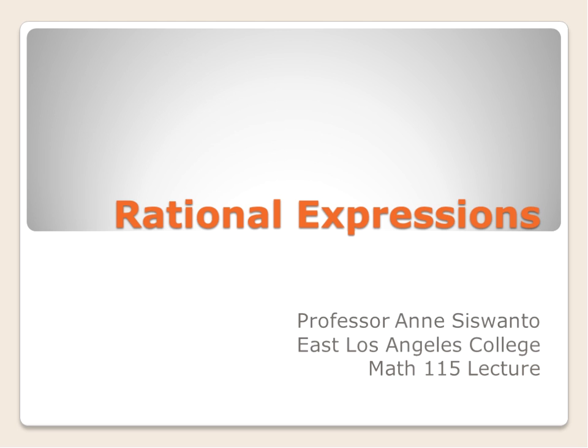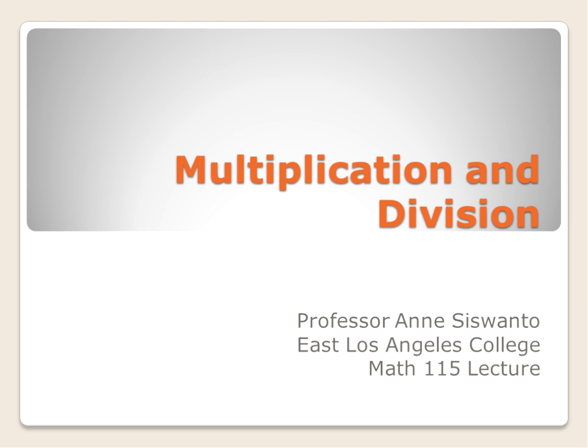So we're done with 6.1 rational expressions. We are starting 6.2 multiplication and division. All right. So let me close this first, and let's start 6.2. Let's share the desktop. 6.2 multiplication and division.